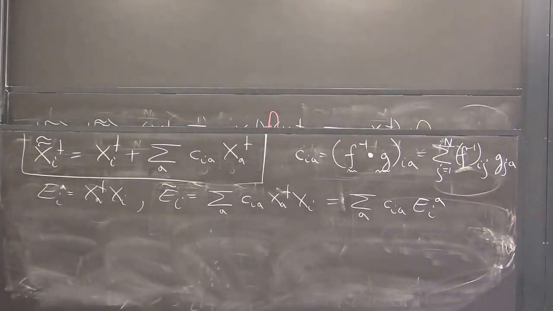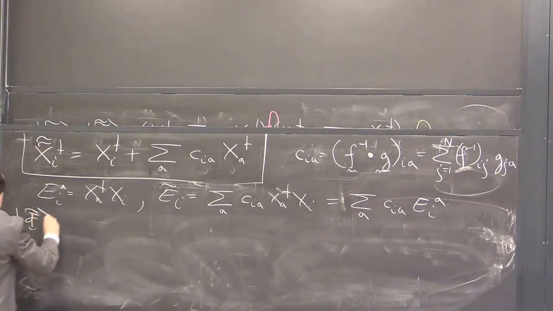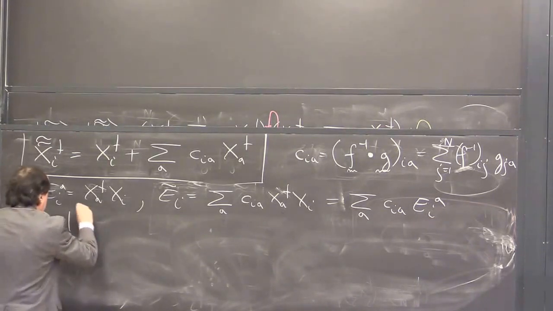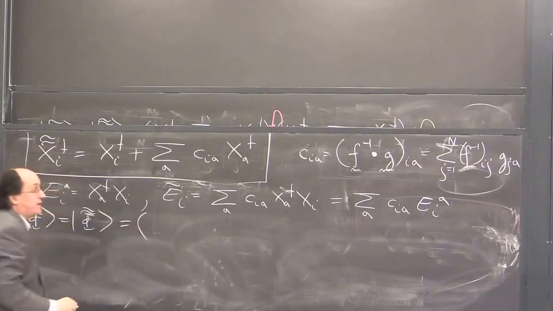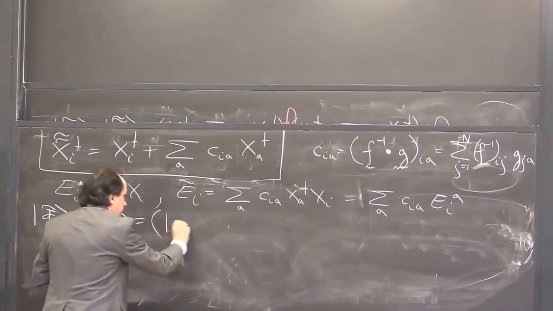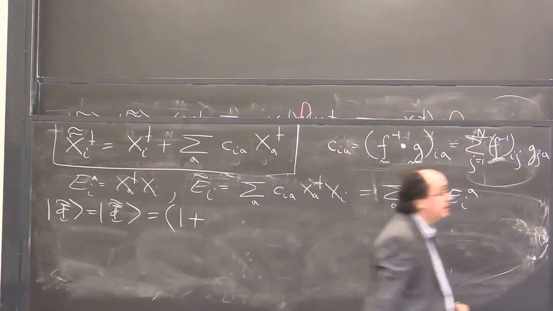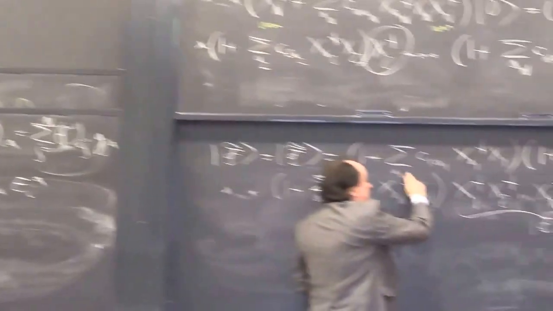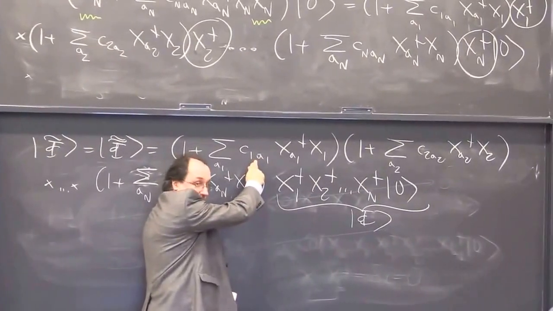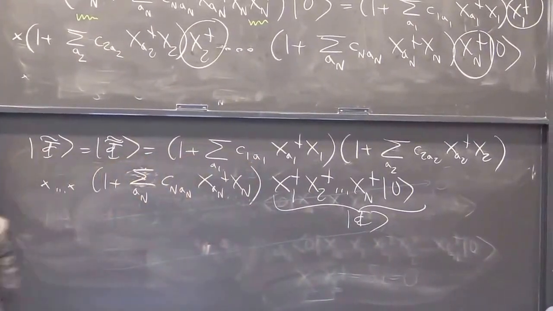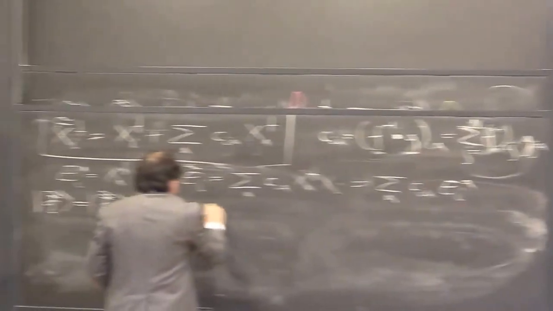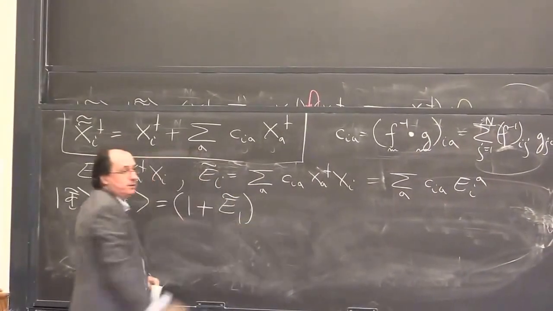Well, with all of this, let me now write what is phi tilde or phi double tilde. The first term is 1, or the unit operator, to be strict, plus E1 tilde, using our definition.